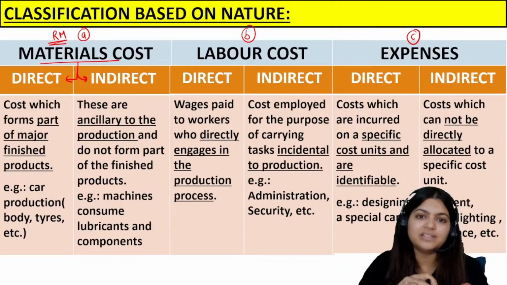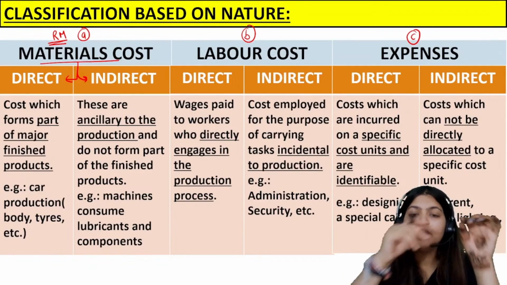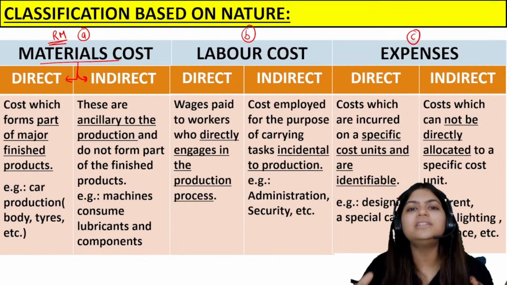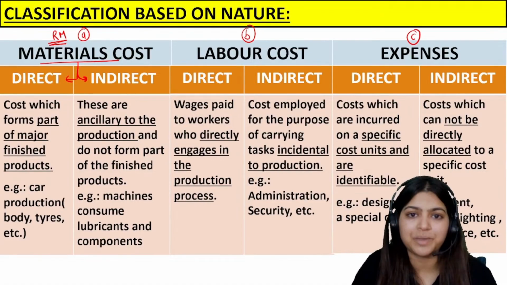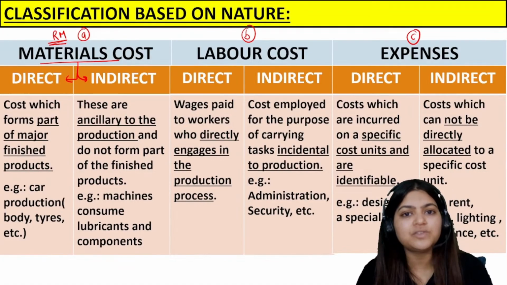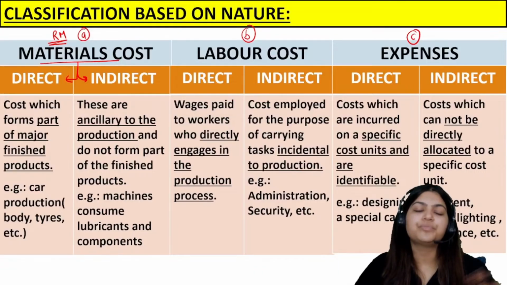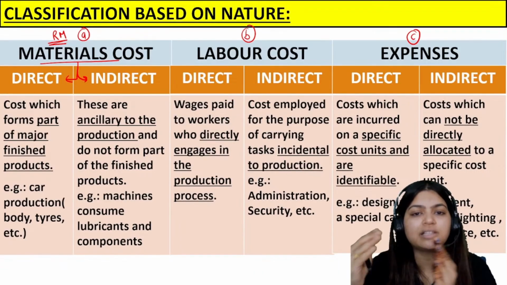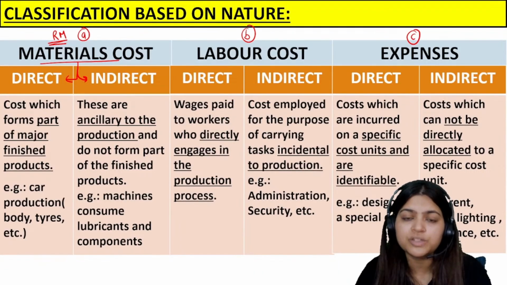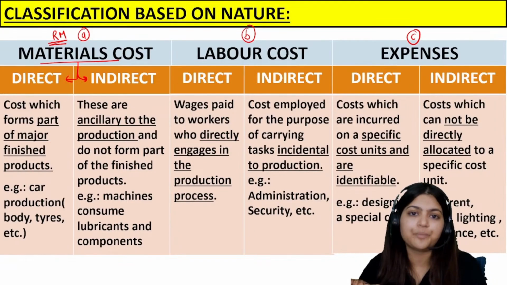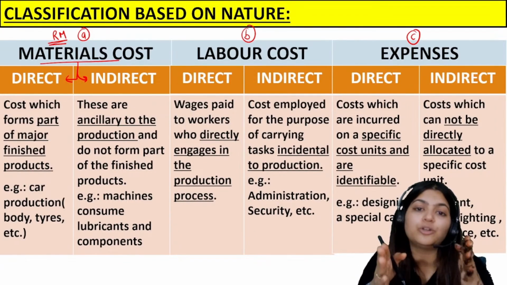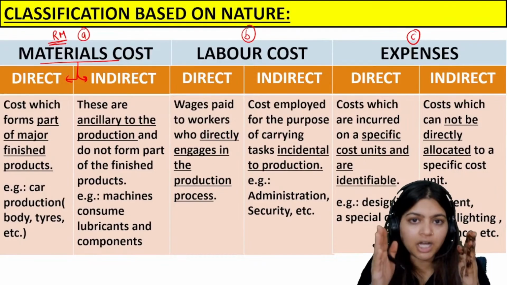In that bicycle, if I'm purchasing tires, handle, all these things are going to be direct. But indirect means other things, like for running machinery I'm using some oils, some nut bolts. So that is indirect, which will not be the direct part of that furniture or that bicycle.